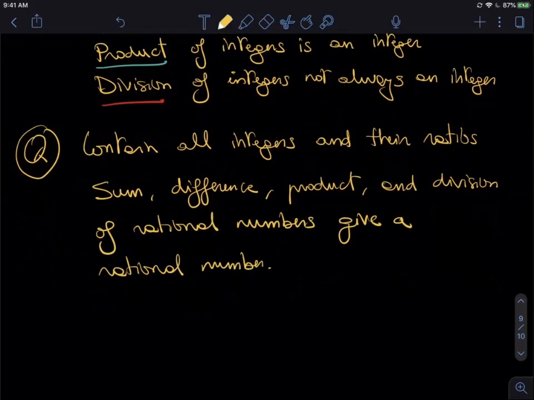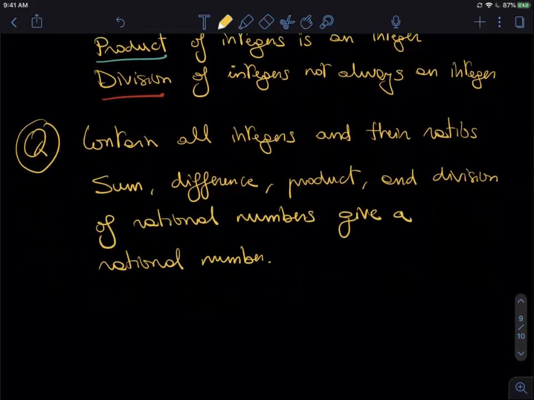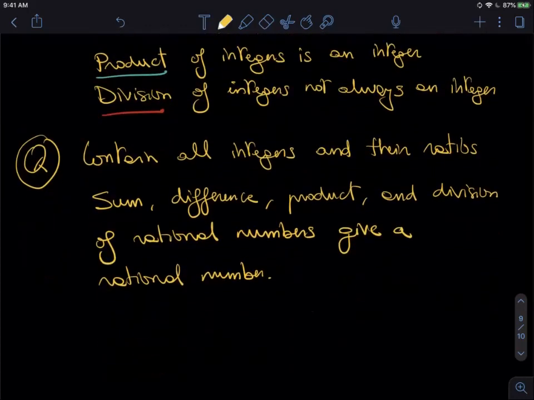Sometimes we say that the four operations are closed on the rationals. The problem that we were having before, for example, 101 divided by 3, was not in Z, the integers, but it is a rational number, so it belongs to the rationals.